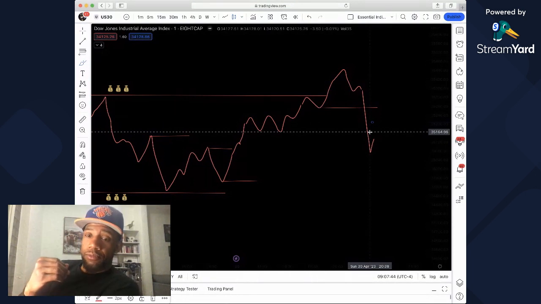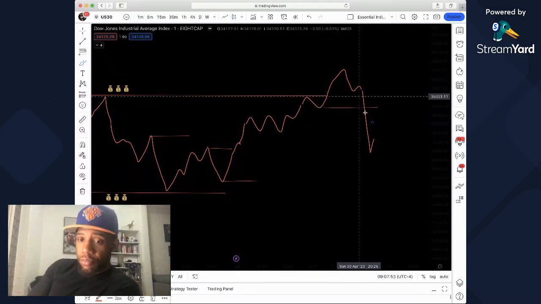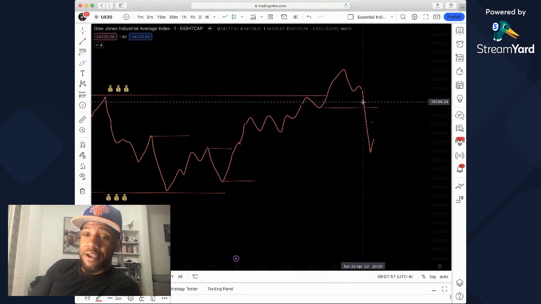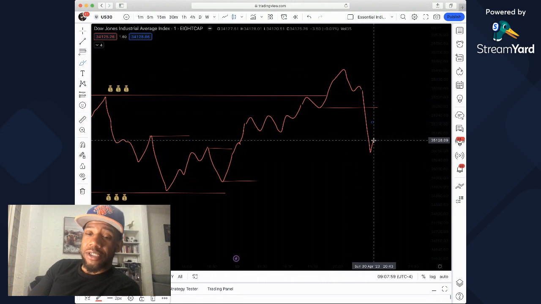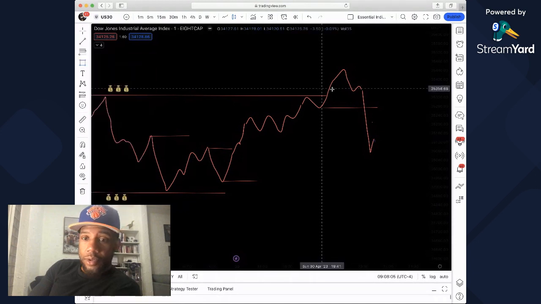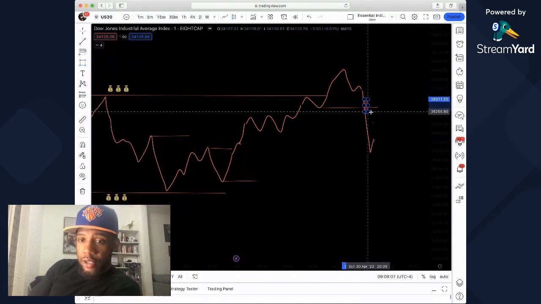The steps to this strategy: after the liquidity sweep, the impulsive move breaks structure, leaving behind a fair value gap, which brings me to step three. Say this was the fair value gap here.